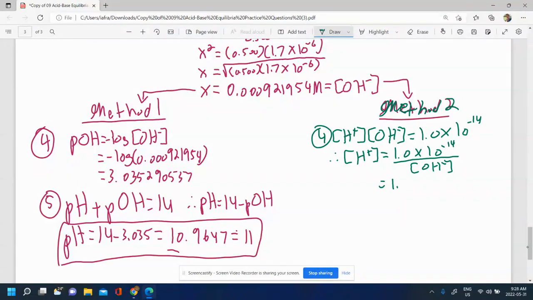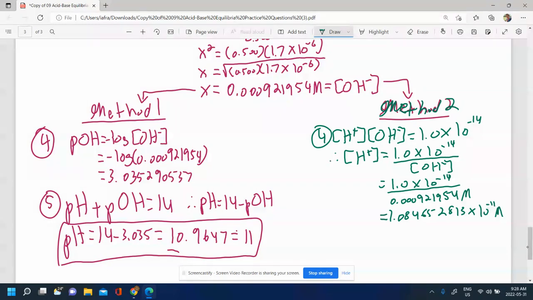And so in this situation here, that's 1.0 times 10 to the power of negative 14 over 0.000921954 molar, so 10 to the negative 14 divided by 0.000921954, and we get 1.08465213 times 10 to the power of negative 11.